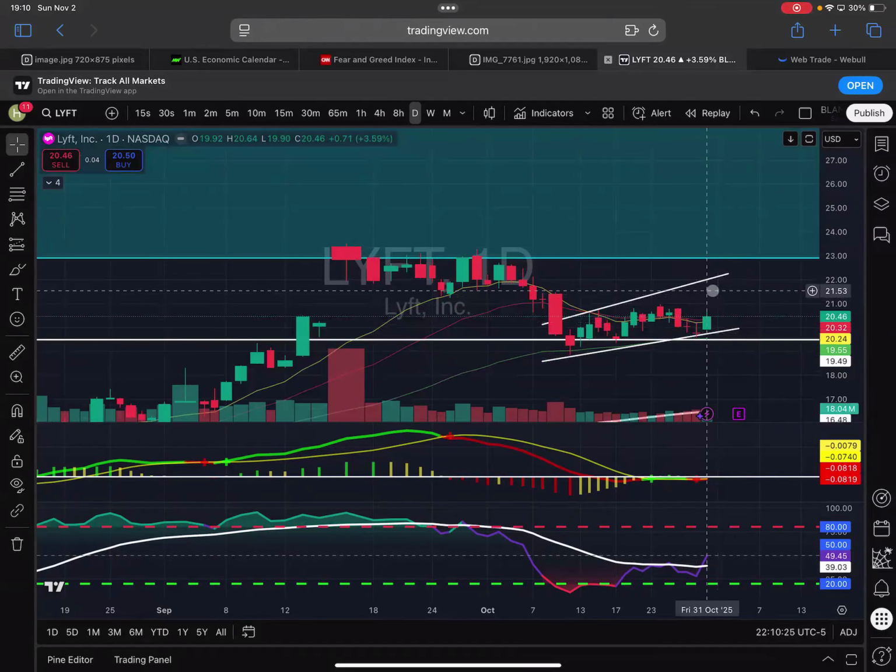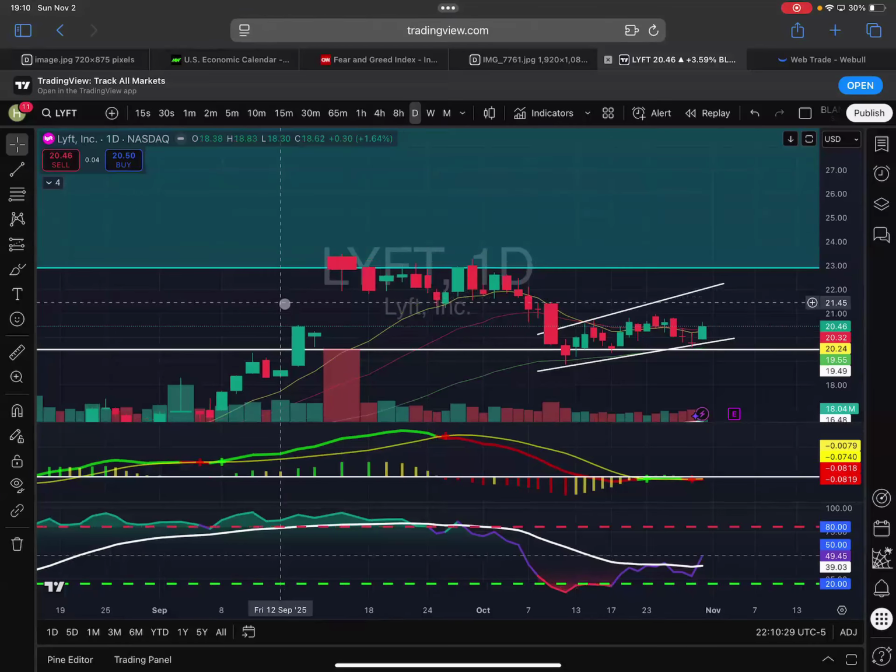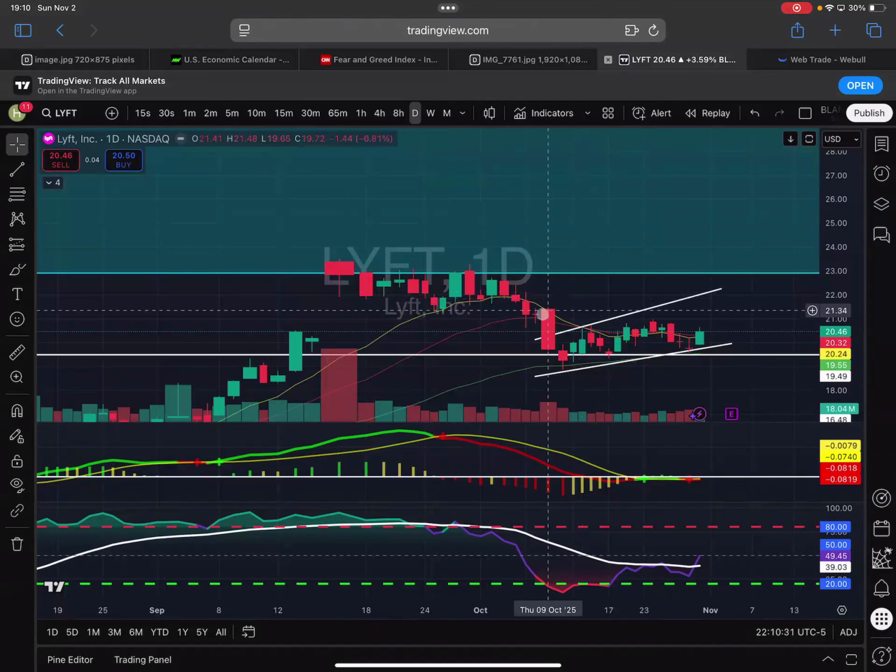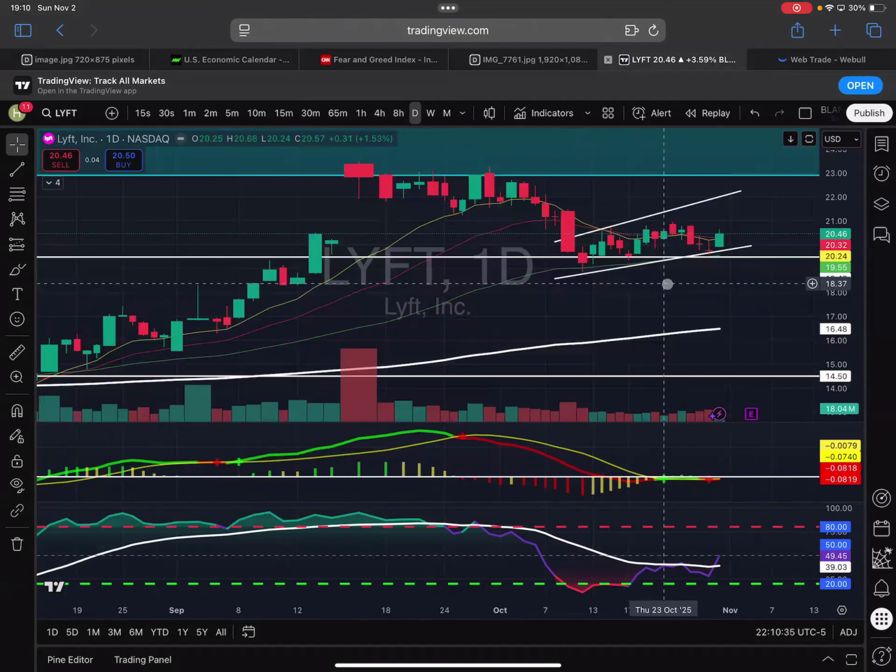We need this to bounce up and give us another higher high. That being said, right, if you want to start accumulating here, that is fine. Where is our stop loss? This first low right here. So below 18.86, you can start getting a little shaky, a little scared if you're in anywhere around here.